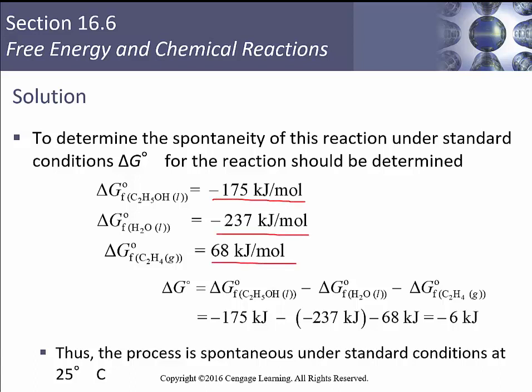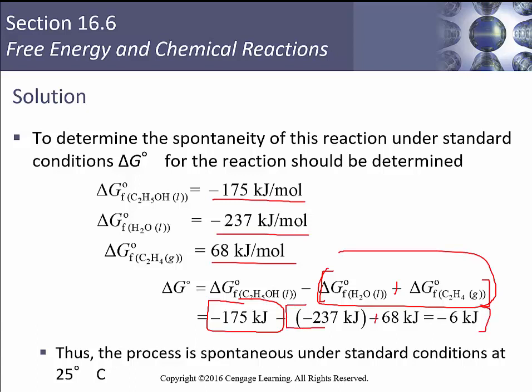And notice some of them could be negative, some of them can be positive. We're going to take the sum of our products, our ethanol, and then subtract the sum of the reactants.